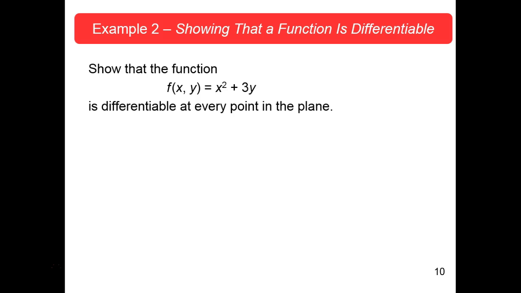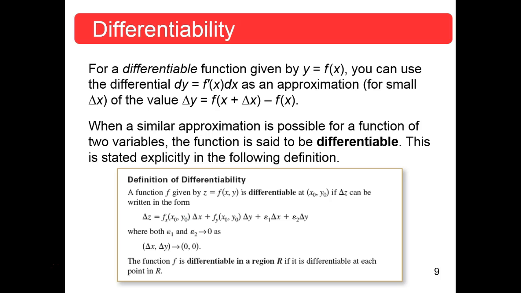But using the definition, which we did last time, let's go back and review it quickly. A function f given by z equals f of x, y is differentiable at any point x0, y0 if delta z can be written in the form delta z equals the partial of f with respect to x at x0, y0 times delta x, plus the partial of f with respect to y at x0, y0 times delta y, plus epsilon 1 delta x plus epsilon 2 delta y, where both the epsilons approach zero as delta x and delta y approach 0, 0.